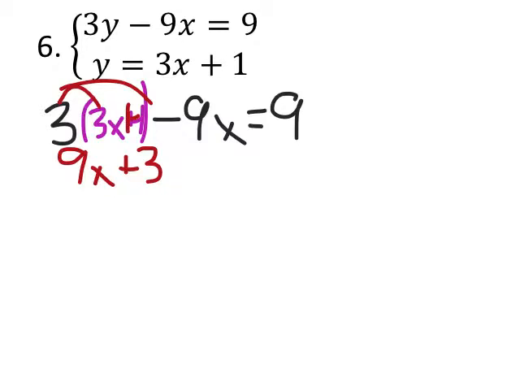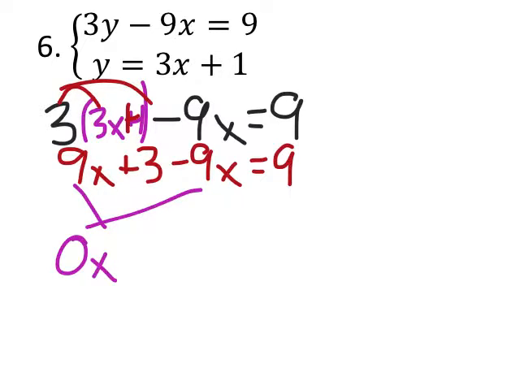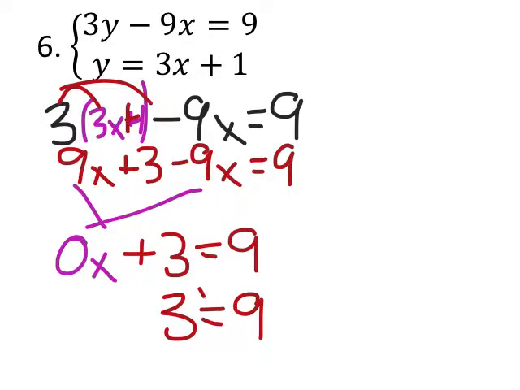That was a plus. Minus 9x equals 9. Combining like terms, 9x minus 9x is 0x plus 3 equals 9. And so we end up seeing that 3 equals 9. Well, this is not a true statement, nor is it ever true. So we would say that this one has no solution.